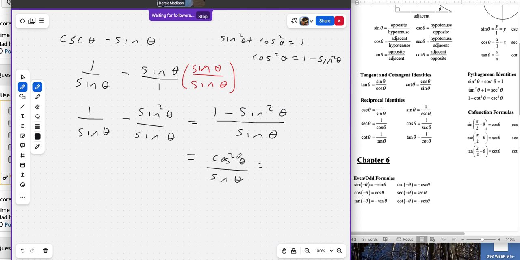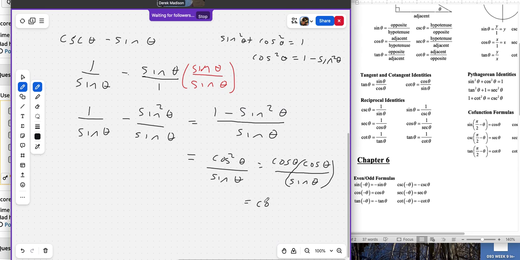So then cosine squared theta, I'm going to think of that as cosine theta times cosine theta. You certainly don't have to write out that step, but it helps to show you that we have cosine theta over sine theta times an extra cosine theta. And if we go up here, cosine theta over sine theta, this piece of it is cotangent.